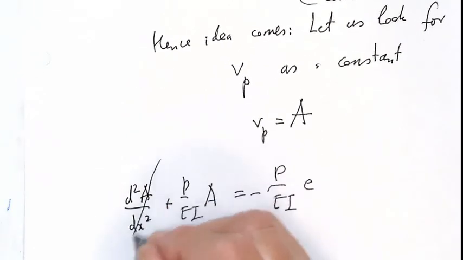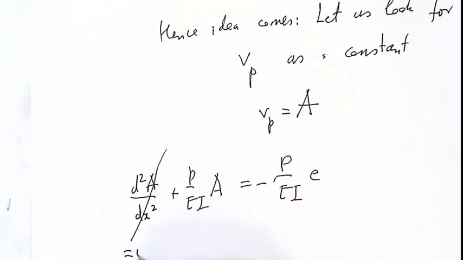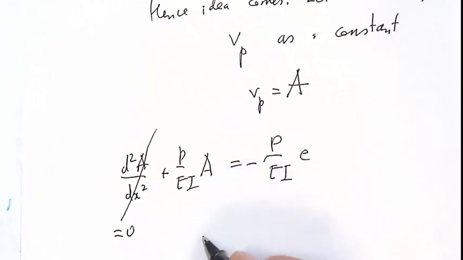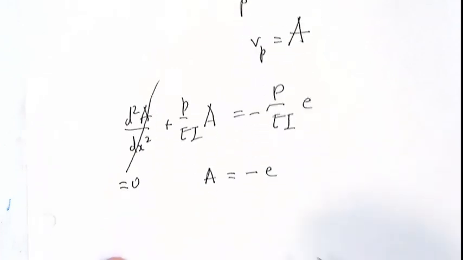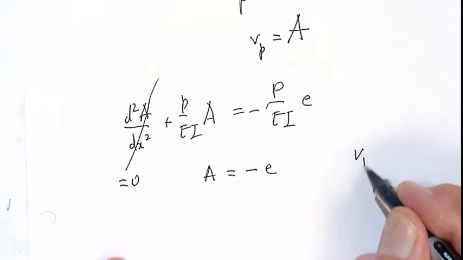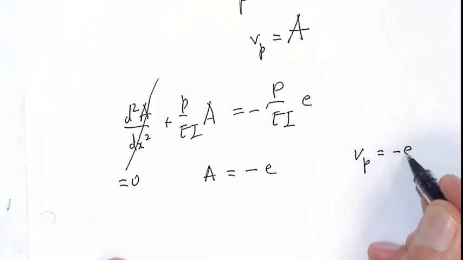This is 0 because it's a constant. So from here I get a. A equals minus e, because that is this one and this one. Okay, so v particular then equals minus e.